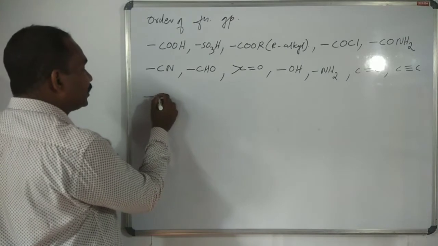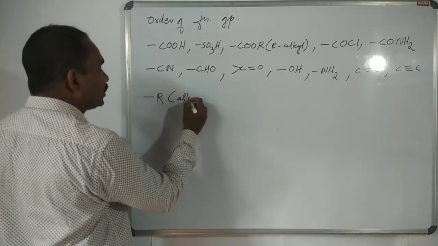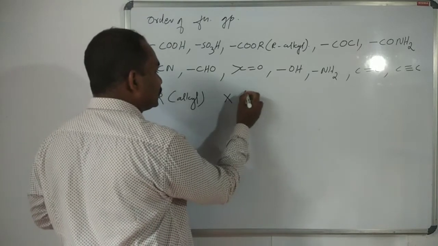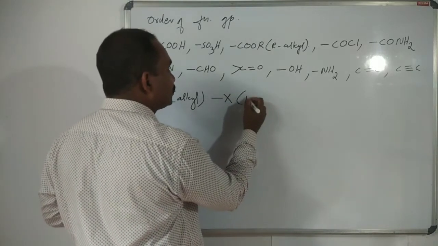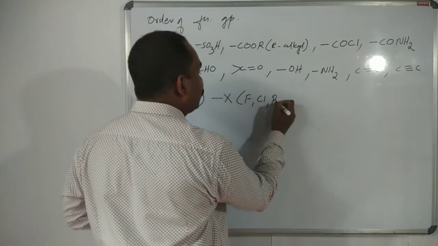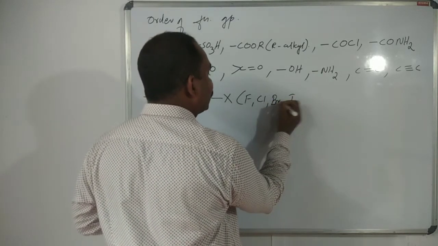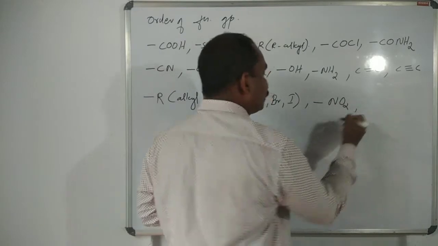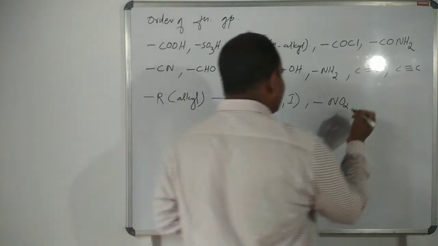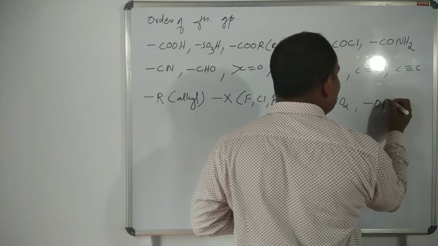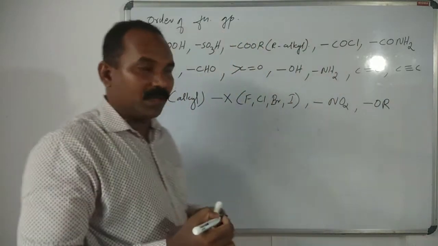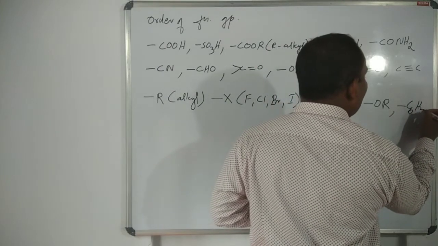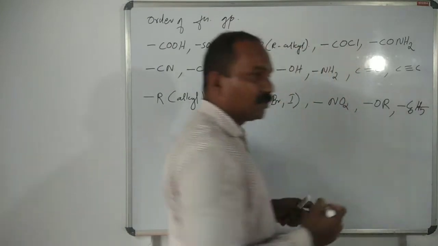Other substituents are the alkyl group, where R is an alkyl group. The functional group halogens: what are the different halogens? Fluorine, chlorine, bromine and iodine. Then the nitro group, NO2. Then the alkoxy group, OR. Then C6H5, the phenyl group.